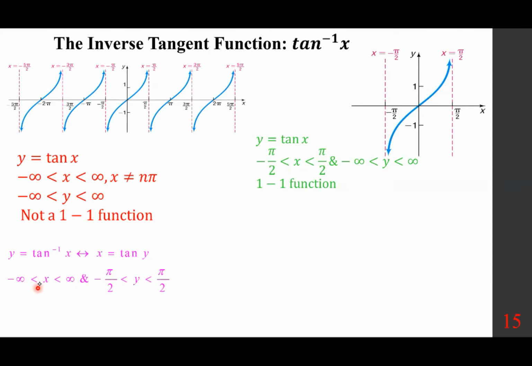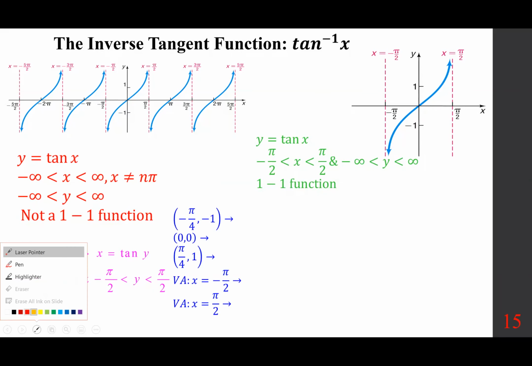So let's look at important and easy points. So negative pi over 4, -1, somewhere here.